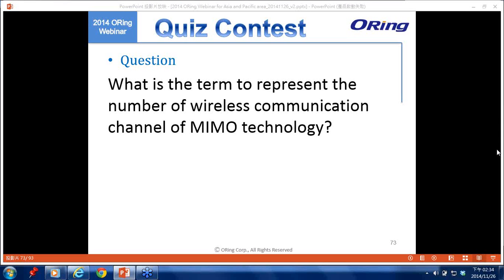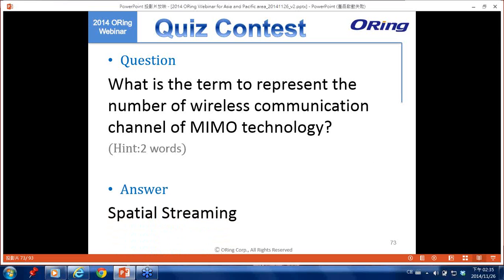There's a hint: there are two words. Okay, the answer is spatial streaming. Sorry that nobody answered the question in this part.